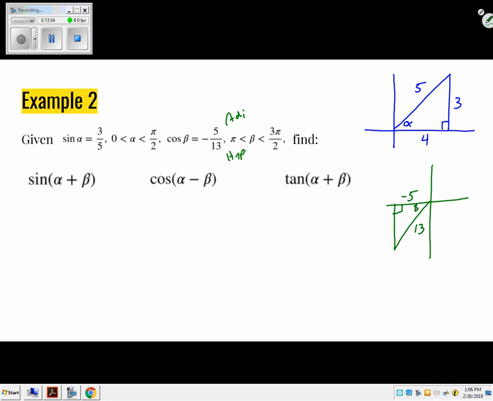I think it's close. -12. Why is it negative, Madeline? It went down. Okay, so. Yes.